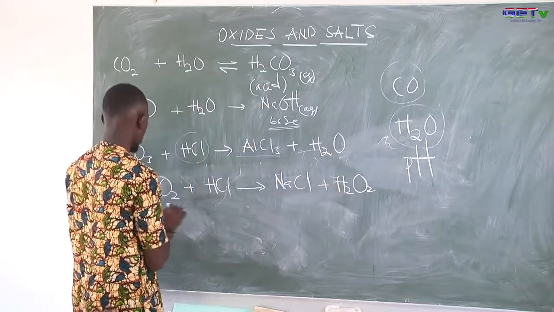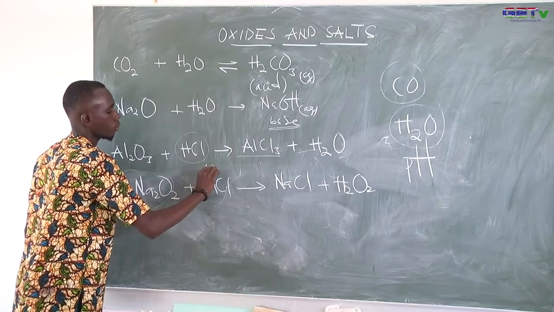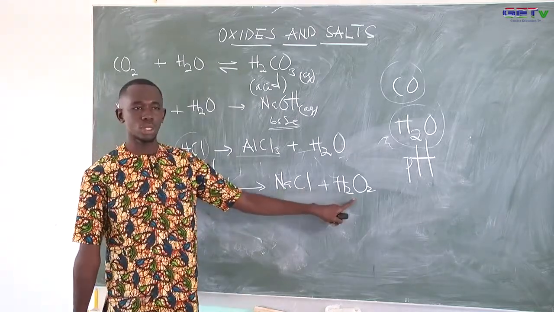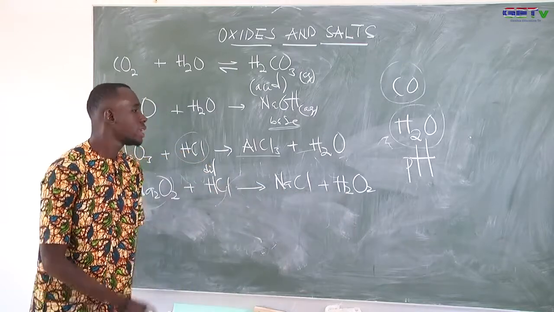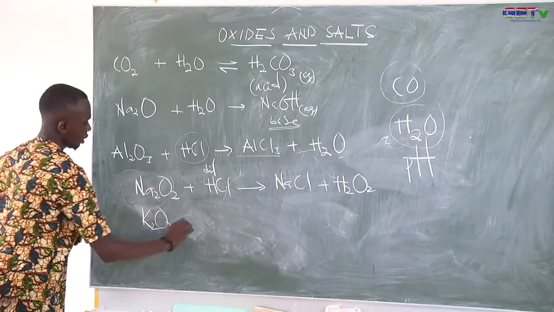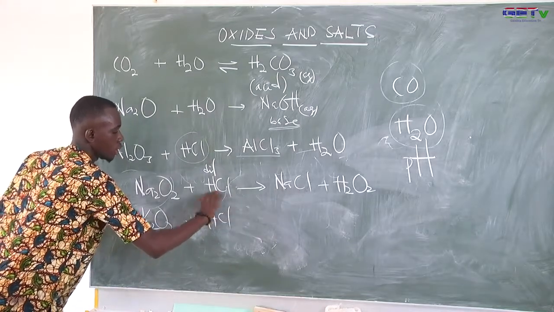So you see, you have your sodium peroxide, you react it with dilute acid, and it forms sodium chloride and also hydrogen peroxide. The same thing happens when you use potassium peroxide, the other example, with dilute HCl.